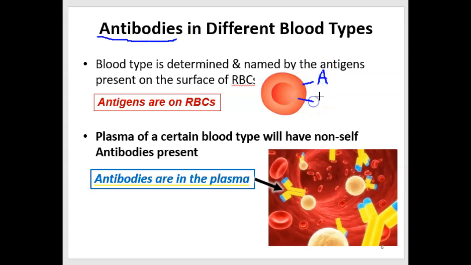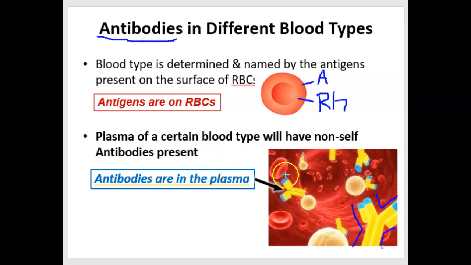So I'm just going to make this up here. This person is Rh positive. So they are A positive blood. This is A positive blood I just drew here. And in the blood, there are white blood cells, there's platelets, but there's also antibodies floating around. These antibodies are in the plasma. They're kind of Y-shaped molecules.